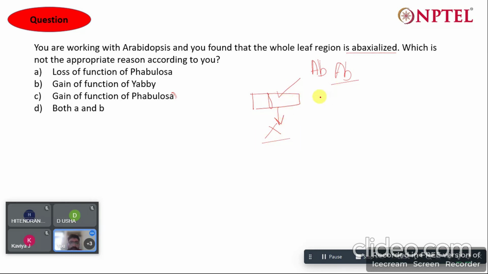And if the same gene has something mutated or inserted in it such that it has constitutive expression and it functions normally without any inducers, then it's called a gain of function mutation. Okay, have you understood the difference between loss of function and gain of function mutation?